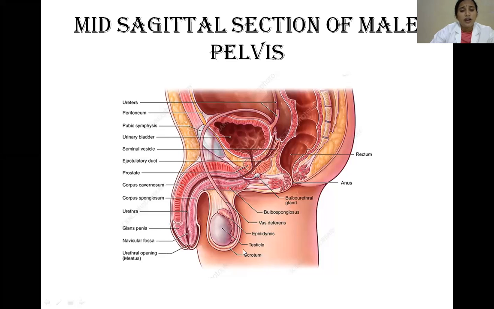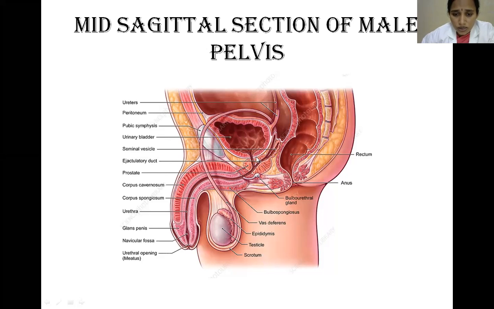This ductus deferens unites with the duct of the seminal vesicle and forms the ejaculatory duct. This ejaculatory duct opens into the prostatic part of urethra, and at this site, this is a common passage for both the urine and the semen. Secretion from the kidneys and secretion from the male genital system are both mixed here, and they are carried through a single urethra.